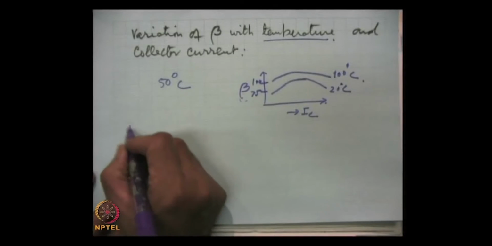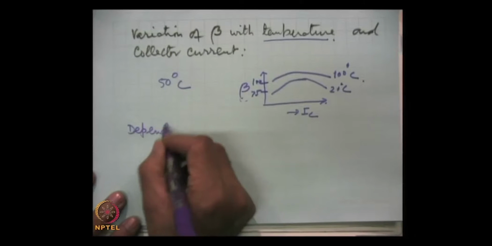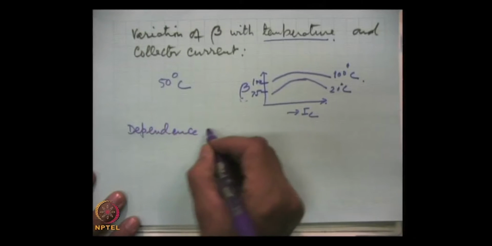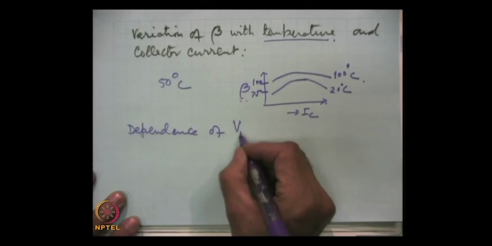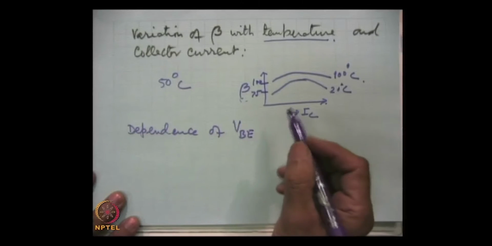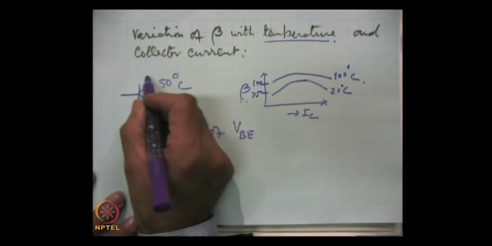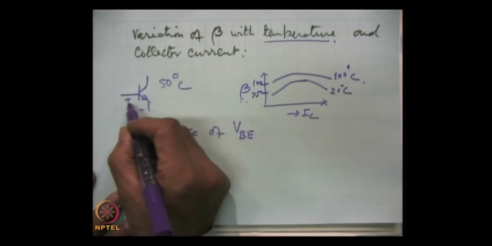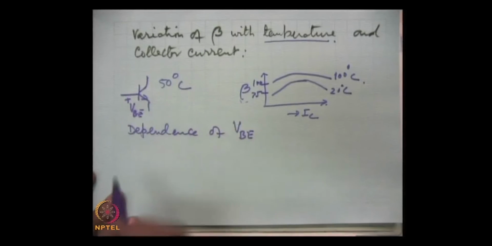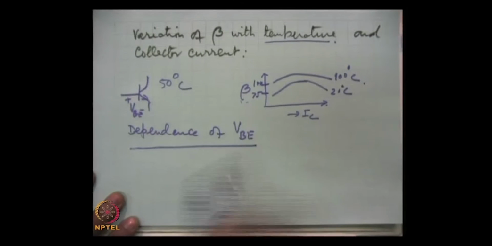Then finally, in this category we talk about the dependence of the voltage VBE of the base emitter junction. This also varies with temperature, for the same reason that in a semiconductor the resistivity falls with temperature.